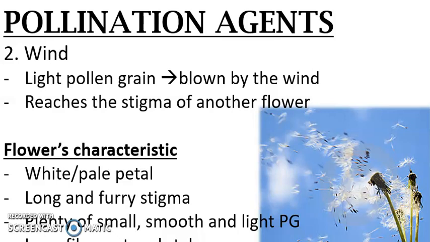Okay, second agent is wind. Okay, so the grain will be blown by the wind and then it reaches the stigma of another flower. So the characteristics of the flower: it will have white or pale petals, long and furry stigma, plenty of small, smooth and light pollen grains, and it will have long filament and style.